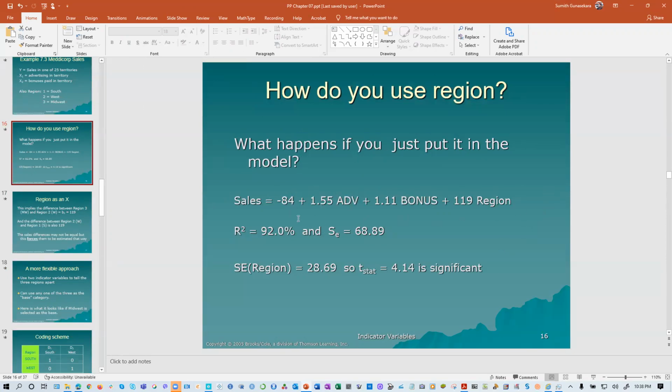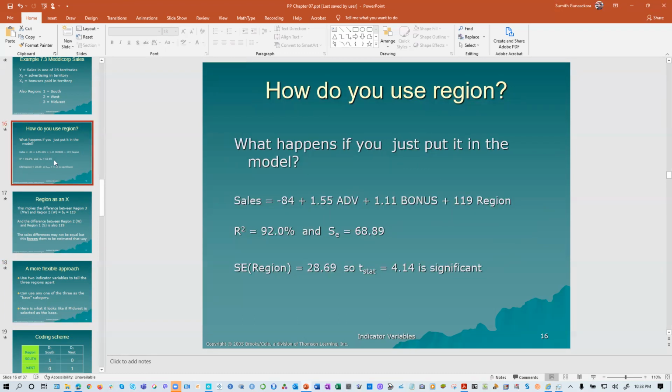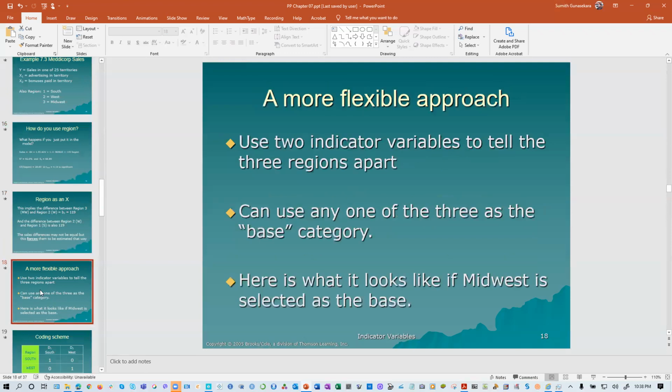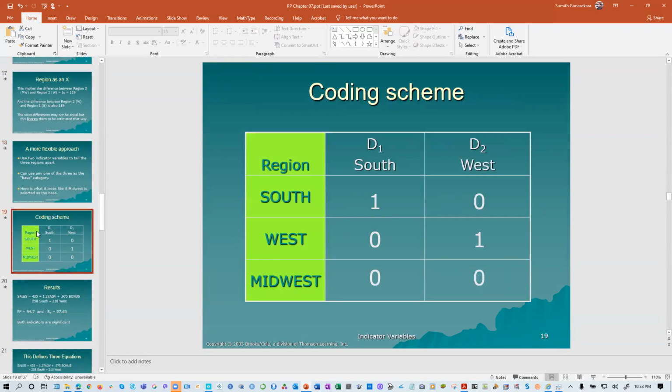Can we figure that out from this one? No, that's the only thing we know. See, use an indicator. Sorry, see, use this. How do you use region? It's not like that. It's a more flexible way because of this one.